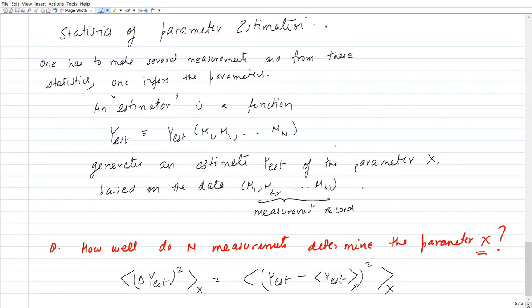I'll just give you an example. Let's say this is the x-axis, which contains the value of the parameter which is to be estimated, and let's say in actuality this was the value of the parameter.